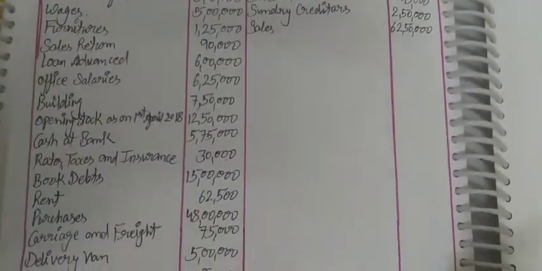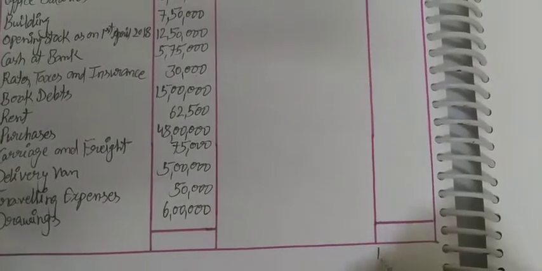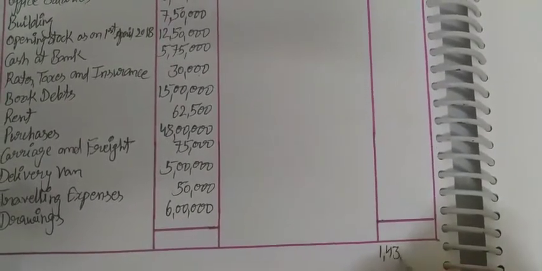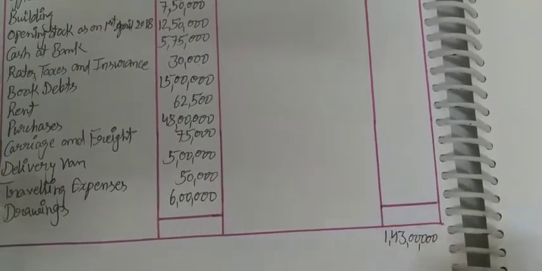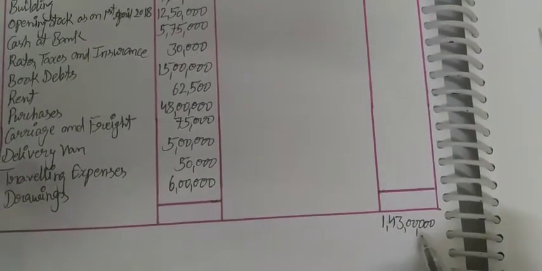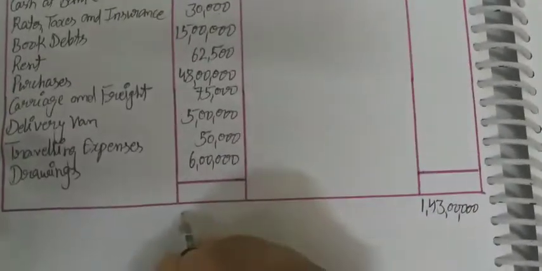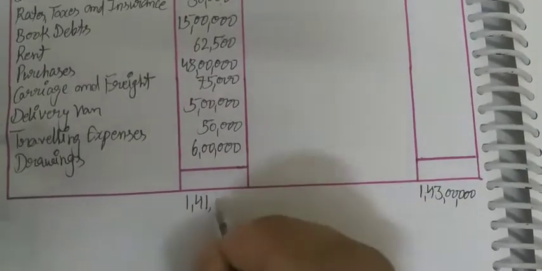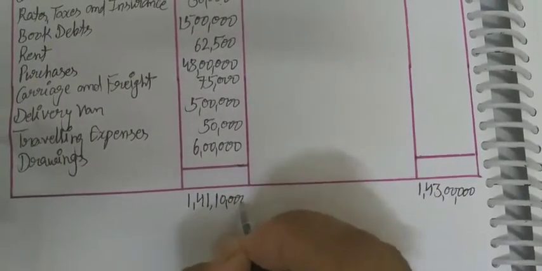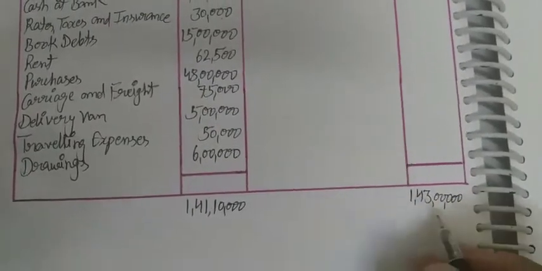If we calculate both sides, then the credit balance is 1 crore 43 lakh of rupees. And if I total the debit side, the debit balance is 1 crore 41 lakh 10,000. So now students, there is a difference in the total of debit and credit sides.